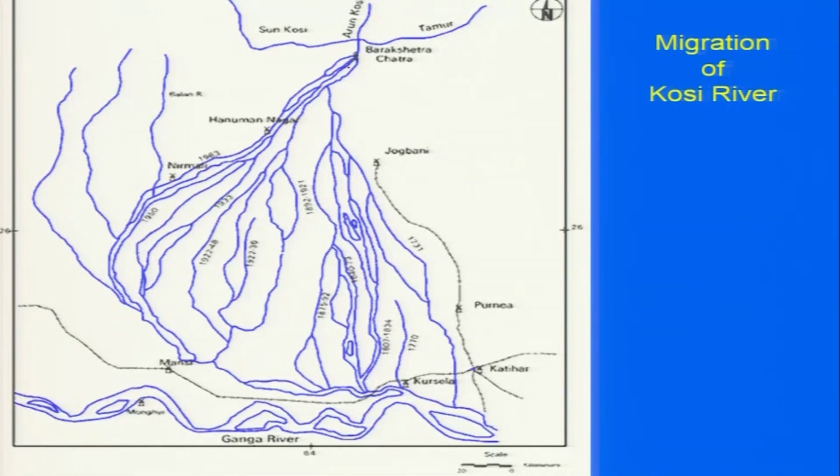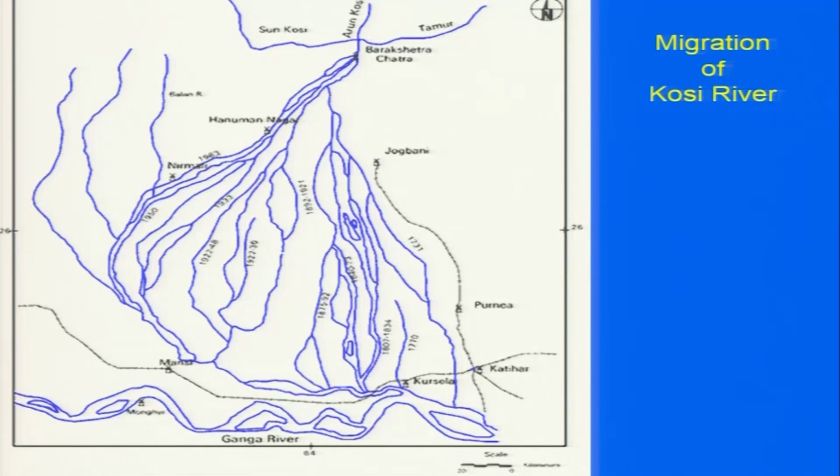But if you go back into the history, then you will find that at some point of time these channels were occupied. Like for example, from 1922 to 1948, the Kosi flowed taking this path, whereas recently it is flowing along this one since 1983, and this one is 1950.